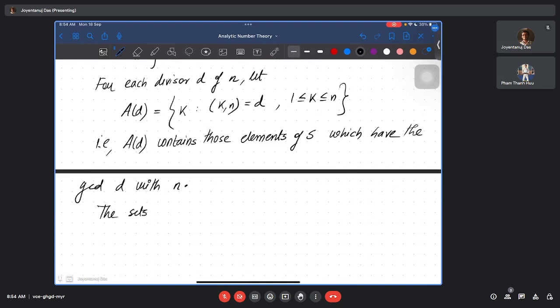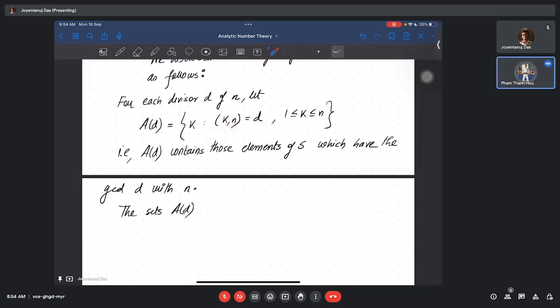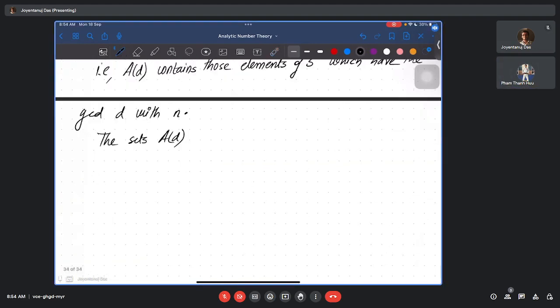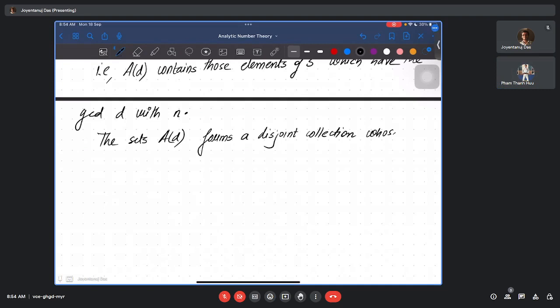They cannot have the same element in common, because n is fixed. So their GCD cannot be both d1 and d2 for different d1 and d2. So these sets A(d) form a disjoint collection whose union is S.